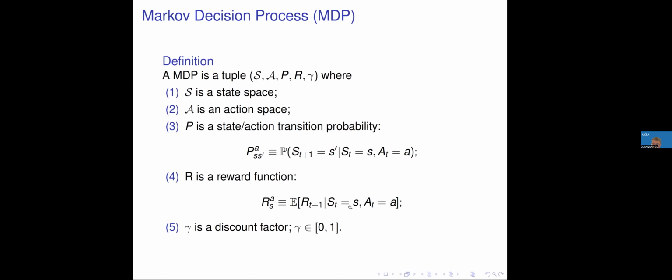For example, at the current state S, taking action A, conditioned on these two, we take the expectation of the reward function, and this will give us the expected reward at the current state S by taking action A. So we use R_s^a to denote the expected reward. And gamma is a discount factor, and why we need to introduce this discount factor will be immediately clear in the next slide.